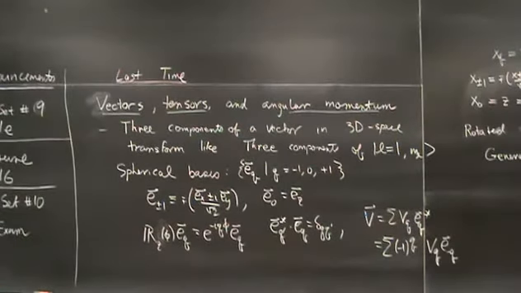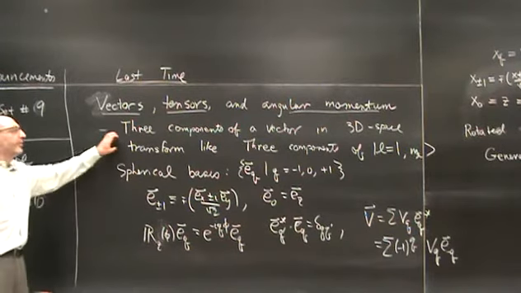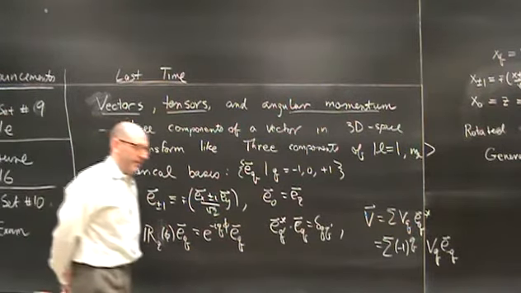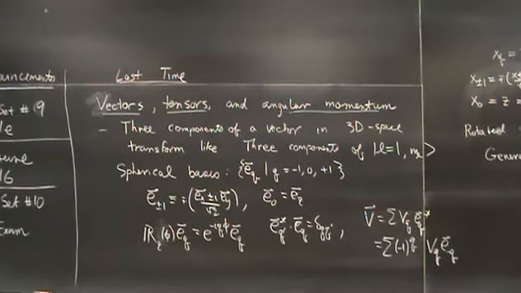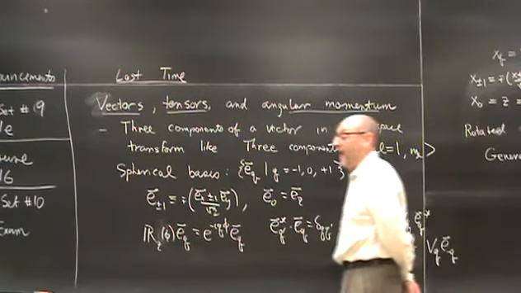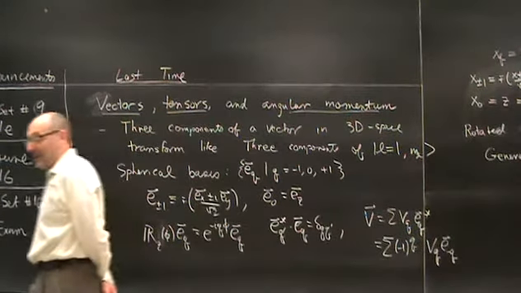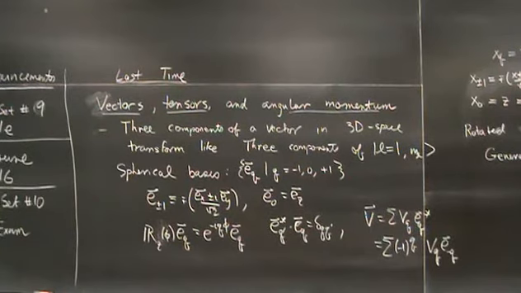That connection follows by noting that the three components of a vector with respect to the spherical basis look just like YLMs. And we know how YLMs transform. They are examples of angular momentum in quantum mechanics, in this case, for L equals 1.